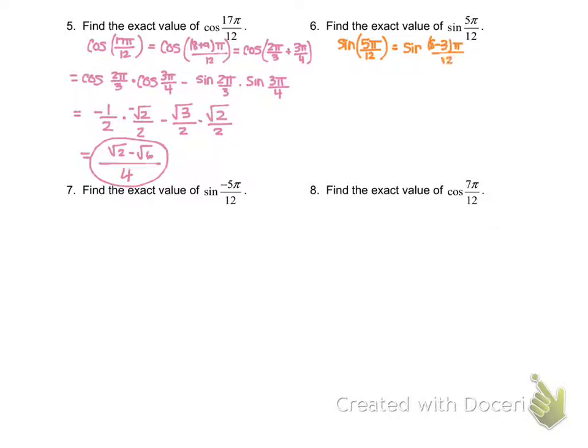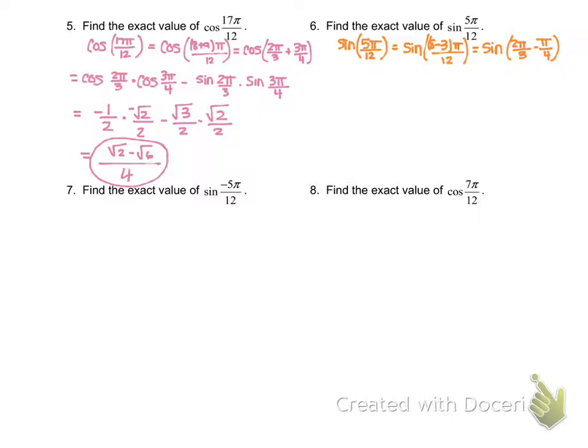Yes, you could do 2 and 3. Both are divisible by 12, and then you'd have pi over 6 and pi over 4, which are on the unit circle. So that works too. So moving forward, we have 2 pi over 3, because 8 over 12 simplifies to 2/3, minus pi over 4, because you have 3 over 12.